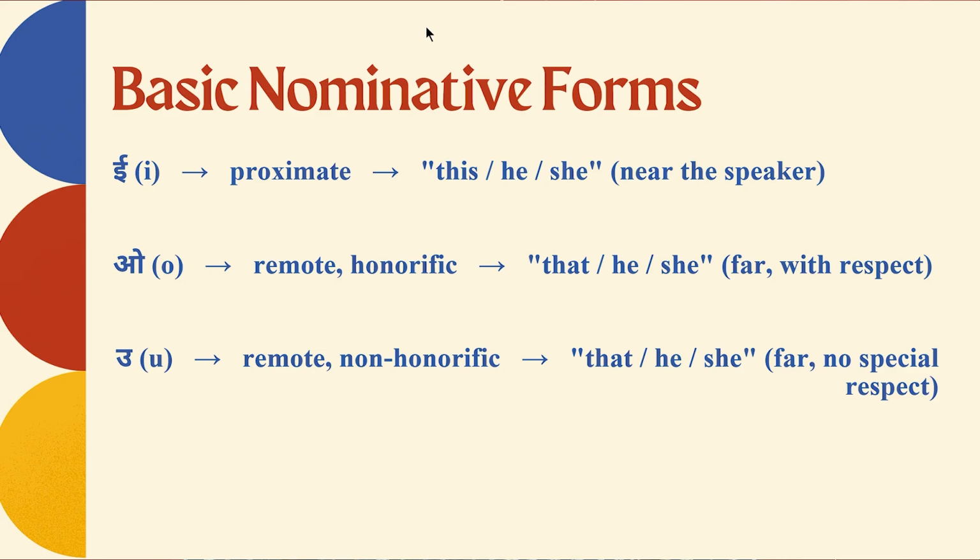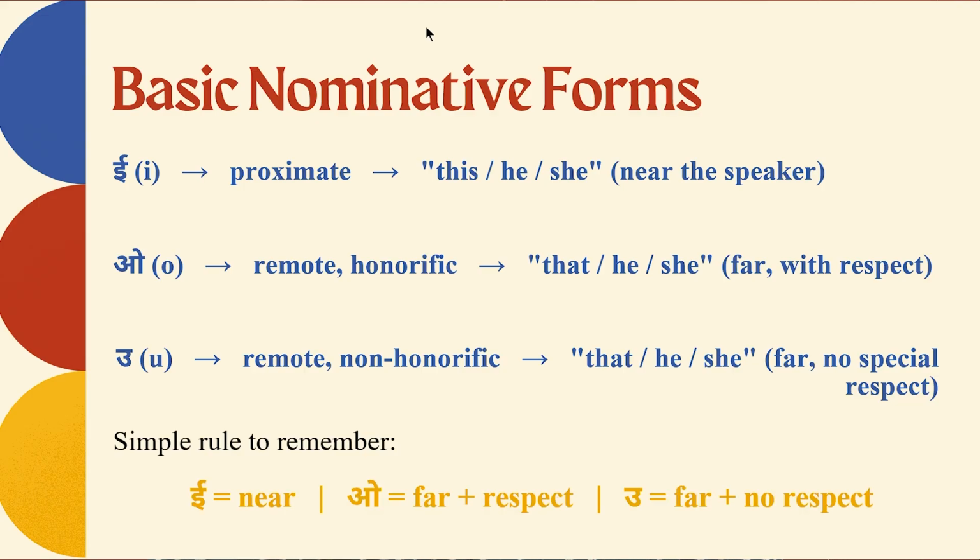Final form is U, which is again a remote form, but this is used for non-honorific reference. So this again translates to that, he and she, far away, but this is used in the case where no special respect is given to the referent.